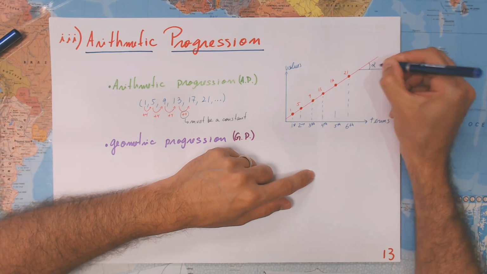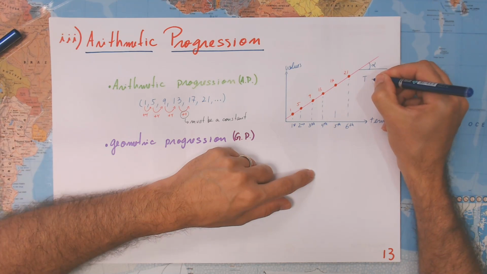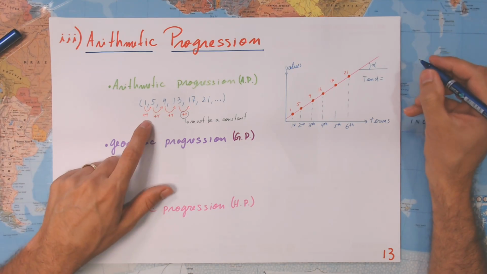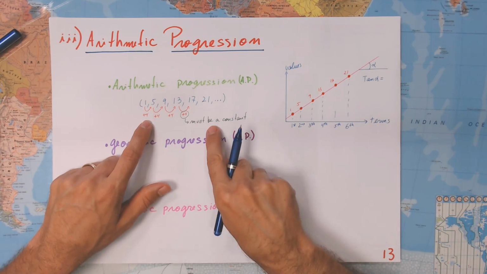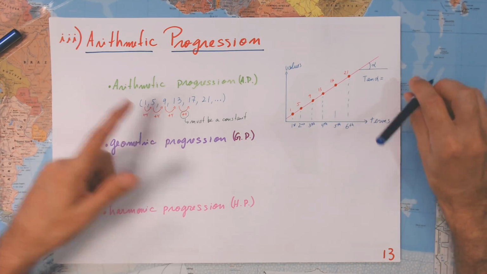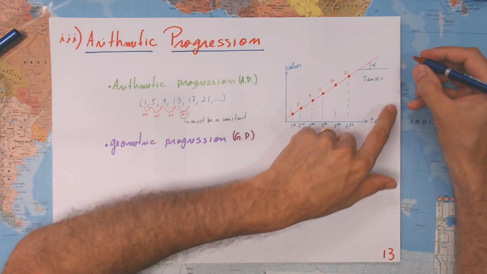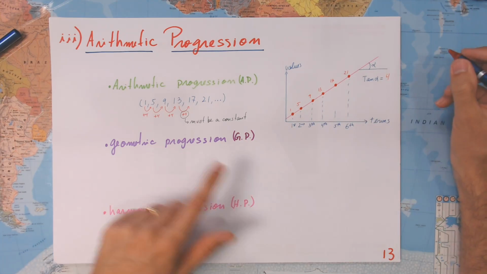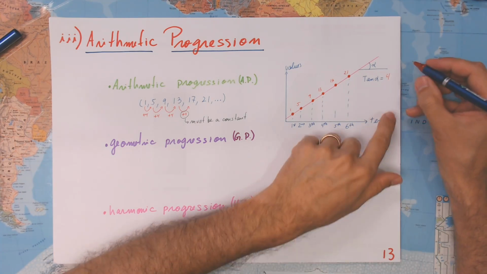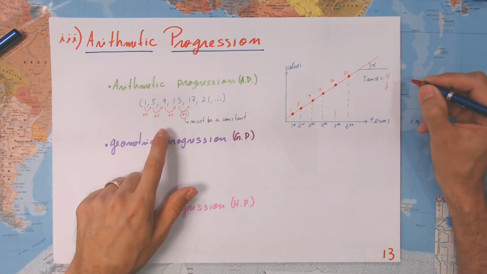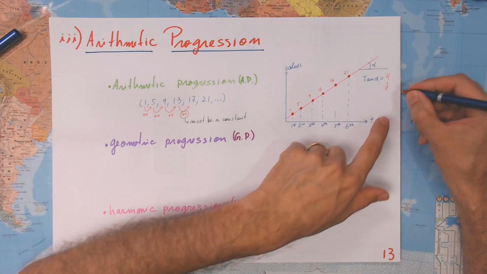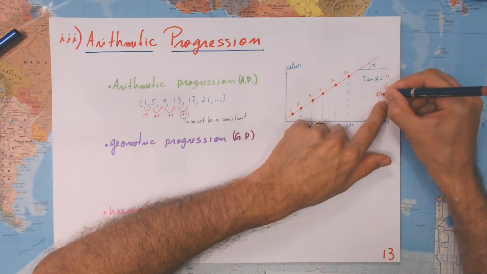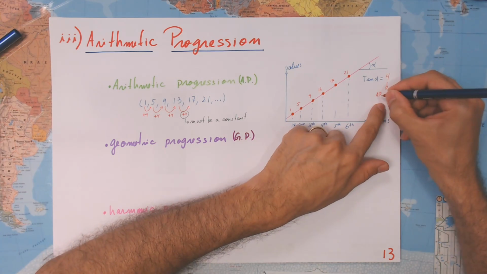This is alpha, right? The tangent of alpha is going to be exactly, in this case, this constant. This 4. I'm going to write 4 in this case, because I'm putting those. It's going to be 4. And this is exactly the AP, arithmetic progression, constant.